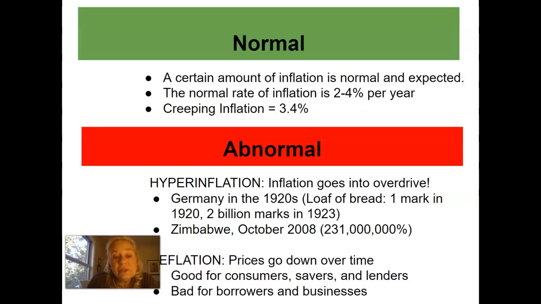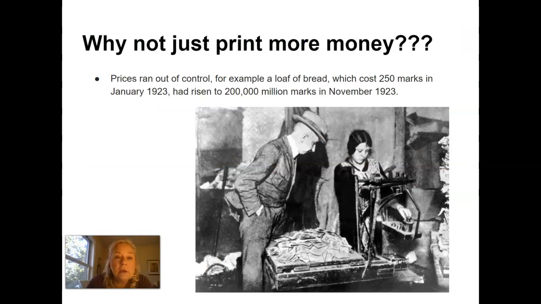We might see this as good for consumers in the short run and for savers and for lenders. However, it's not so good for borrowers and businesses, because if they're not getting enough money to work on innovation and research and development, or even to hire more people, eventually that's going to cause the economy to have some difficulties.